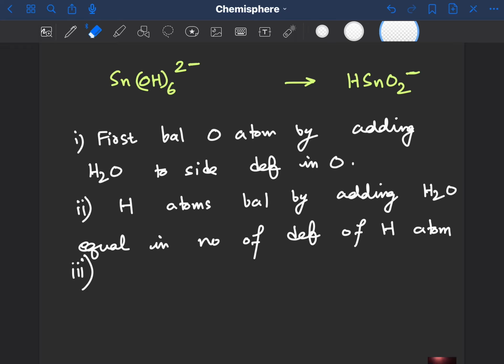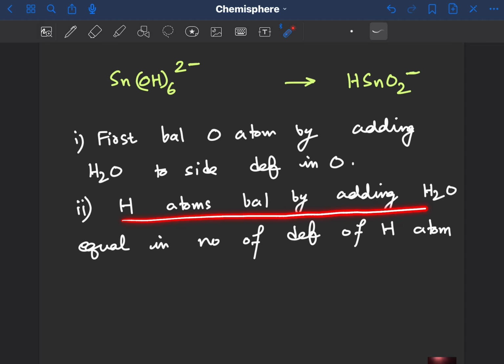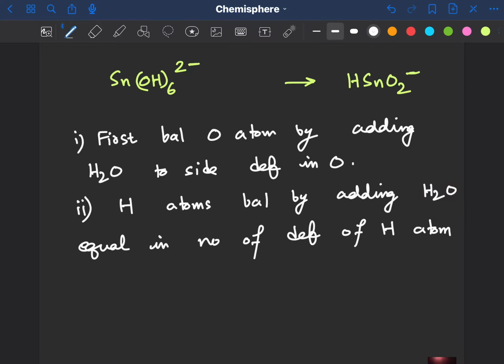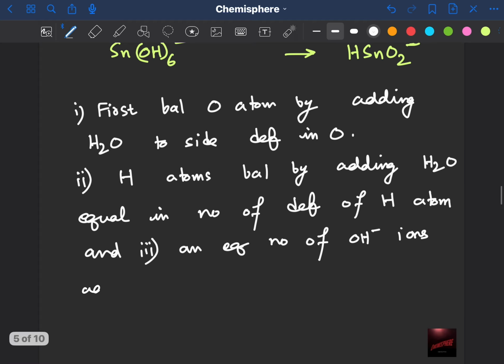So the number of H2O that you add in the second step, and the number of OH minus that you add to the opposite side of the equation, should be the same, okay?